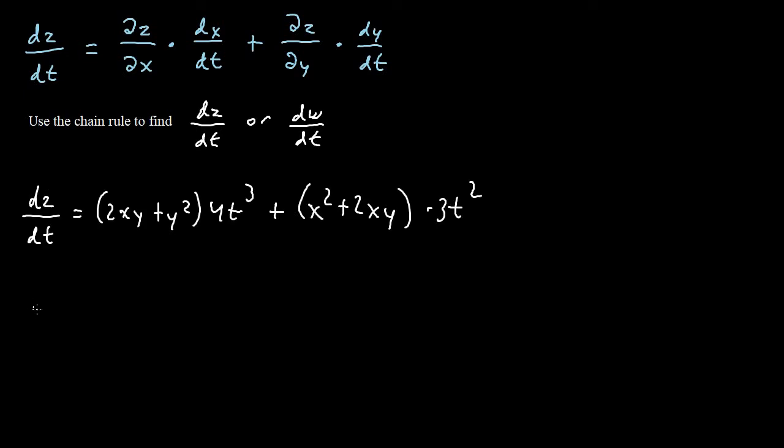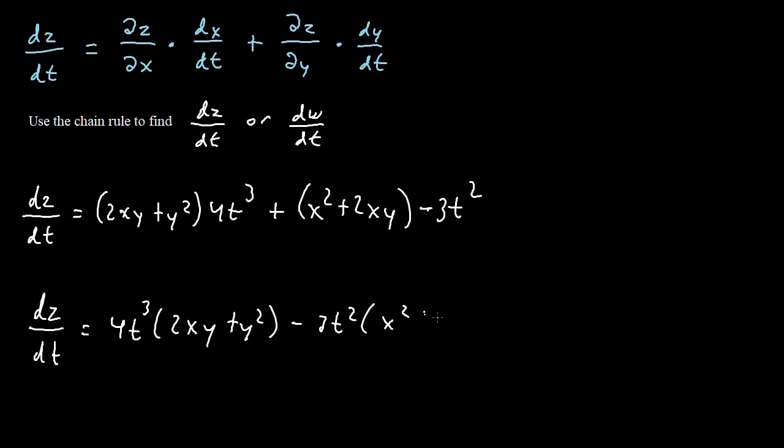If I rearrange the terms for the final answer, we get dz/dt equals 4t cubed times 2xy plus y squared. That's a negative here, so we can put minus 3t squared times x squared plus 2xy.